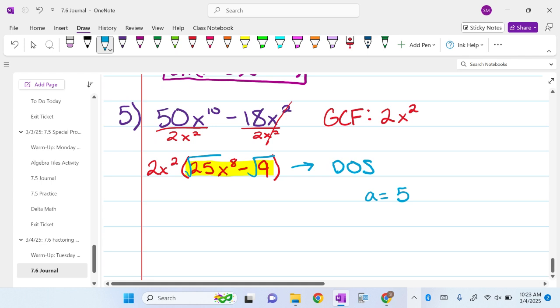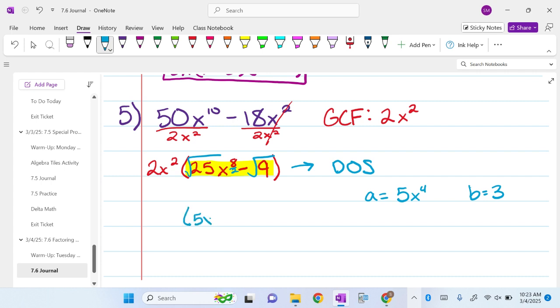Square root of x to the 8th is x to the 4th. Remember, just divide that 8 by 2. That gives you your new exponent. Square root of 9 is 3. So this would be 5x to the 4th plus 3 times 5x to the 4th minus 3. And then I need to do what to finish it up? Bring down my GCF.